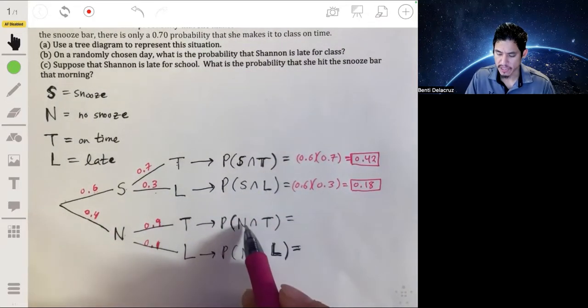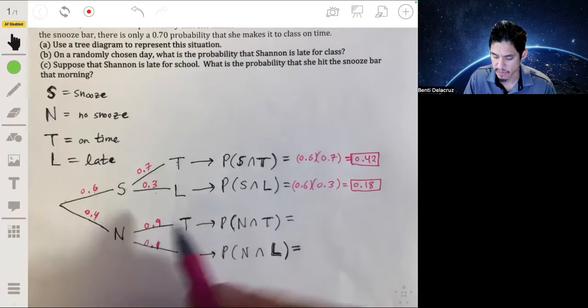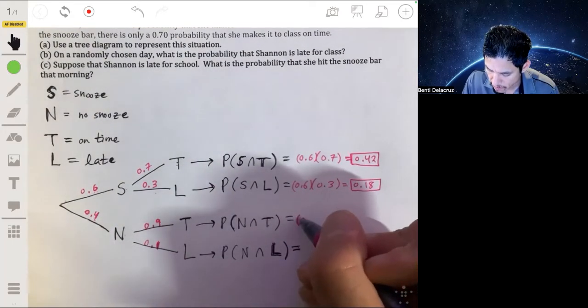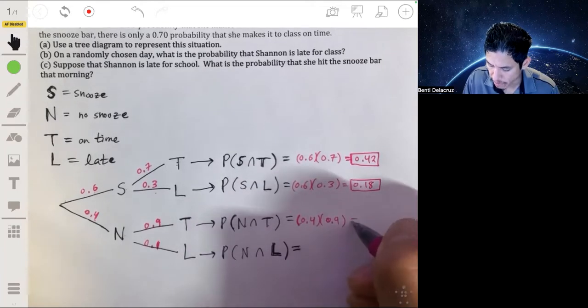Now, to find the probability that she doesn't hit the snooze bar and is on time, you do 0.4 times 0.9. And we'll get 0.36.